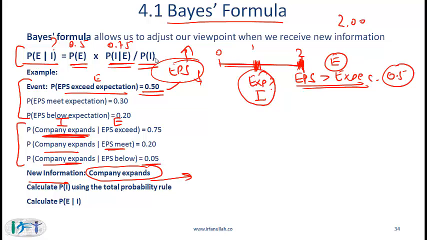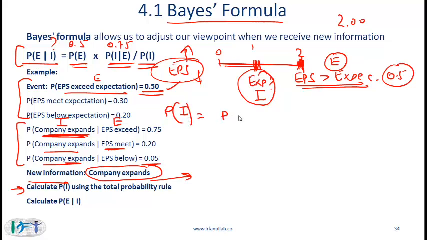To compute the unconditional probability, given several conditional probabilities, we need the total probability rule. So let us use it. The probability of the information, which is the first thing we need to find over here, is equal to the following.